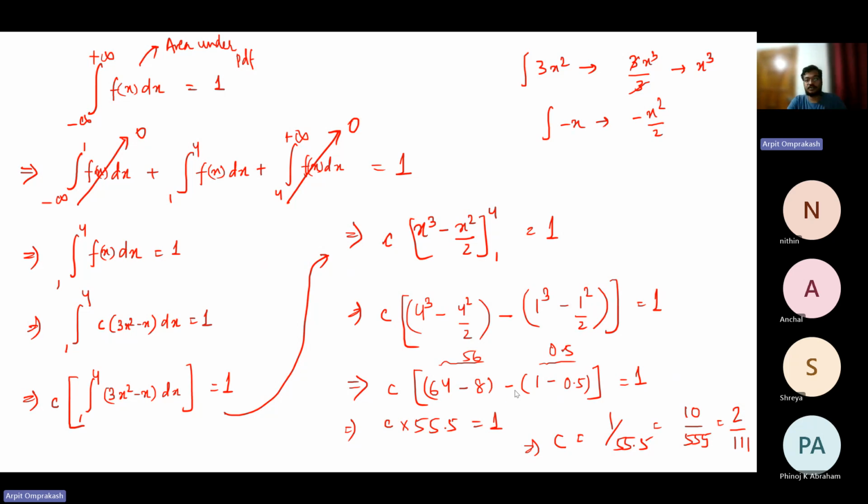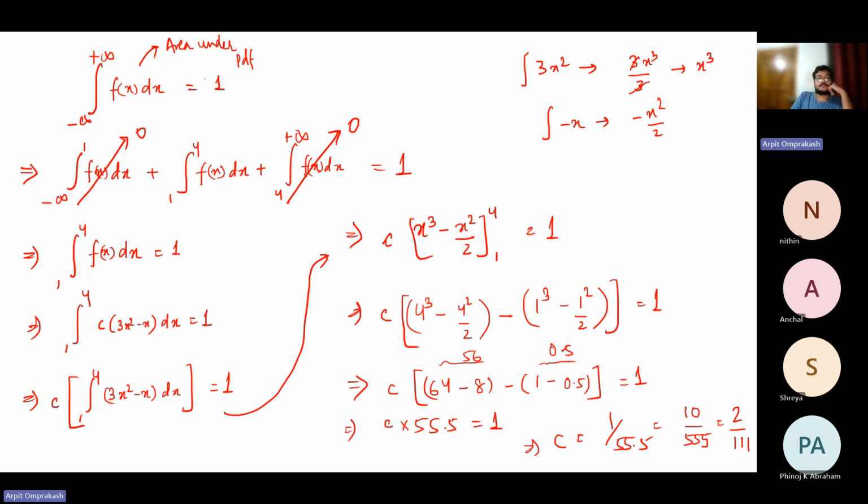Do you understand the basics of calculus and why we are taking integral, what it means and all that? Okay. So then it's easier.